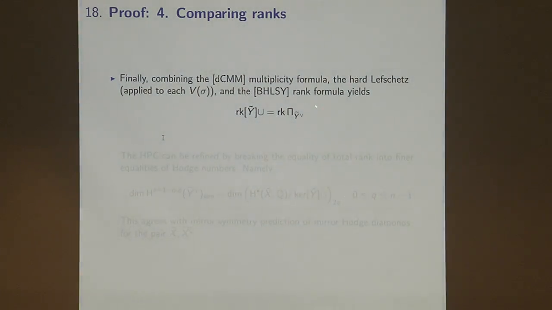On the right-hand side, you also need to be able to compute the rank, and for that we have to rely on this joint result with Spencer Bloch and company. So thanks to the completeness theorem, this rank is now also known. So by comparing the rank, you conclude the proof that the two ranks are equal. And therefore, you get the equality between the period sheaf and the cut product sheaf.